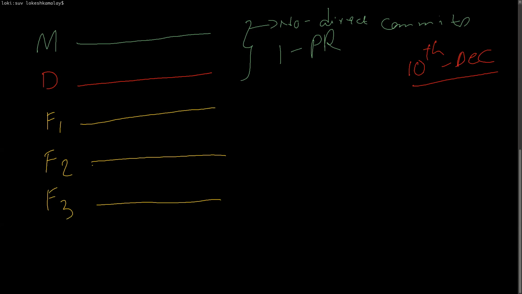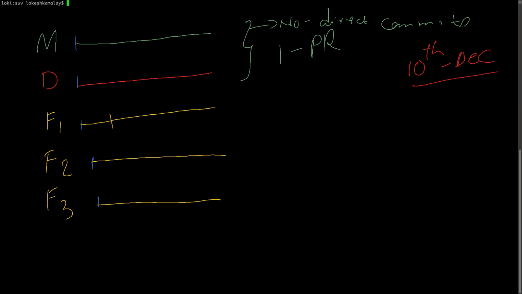Now whenever F1 is done with his changes, he made a commit. Everybody has the same commit at this point, because all the branches were created at the same time.